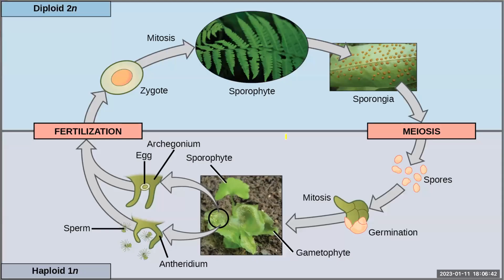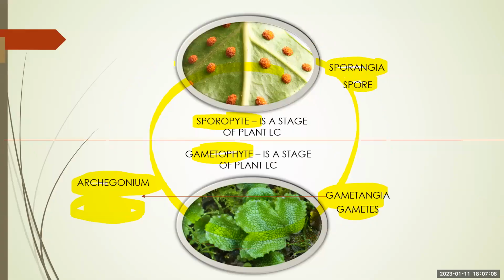So here in the sporophyte stage, sporangia produce spores, which germinate to produce the gametophyte stage. The gametophyte produces antheridium sperm and archegonium egg, then they fuse together to make the zygote. The zygote makes the sporophyte again.